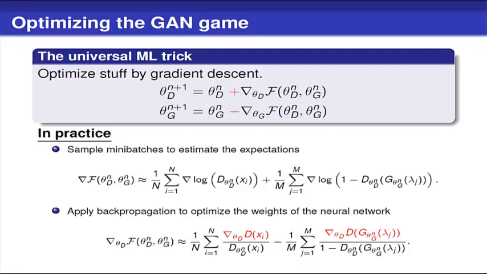In that way, you can write down the gradient of this cost function in terms of the gradient of the discriminator and the generator with respect to their parameters. This is something that typical machine learning libraries are very good at, optimizing neural networks depending on their parameters. So you can actually go to TensorFlow or Keras and implement this algorithm.